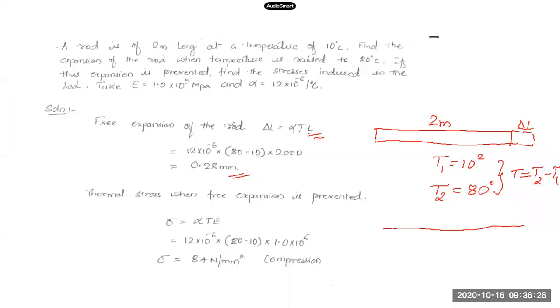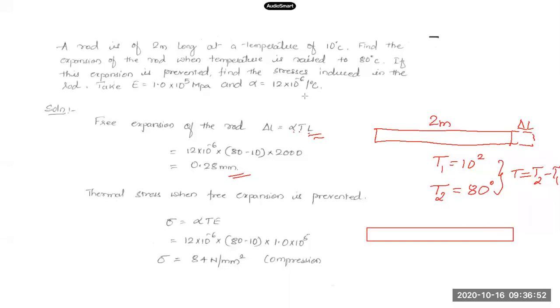Now what we want next is, if this expansion of the bar is prevented, then the stresses will arise. Preventing expansion is like delta L being pushed back. I am applying a force and causing this delta L to disappear.